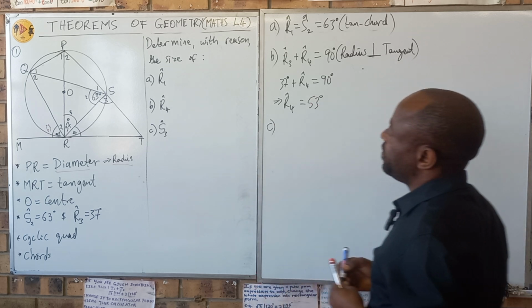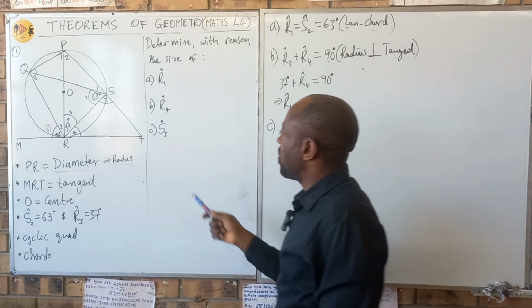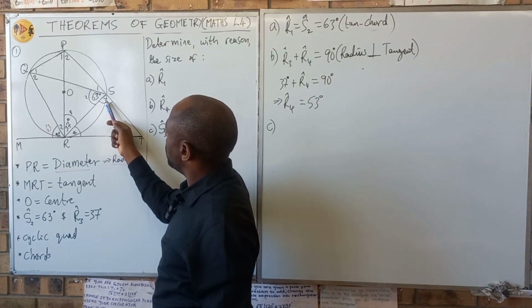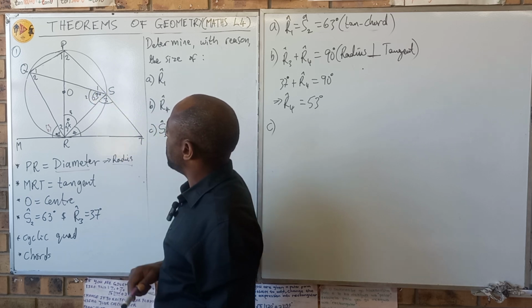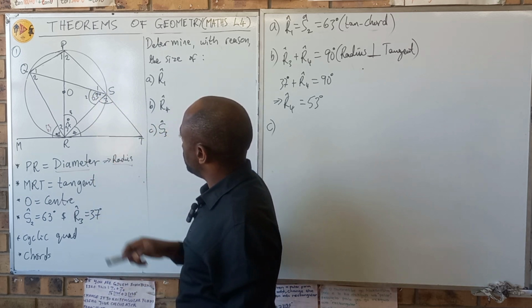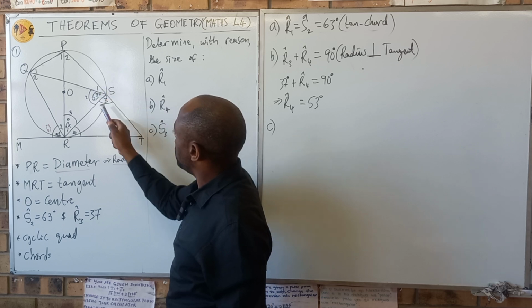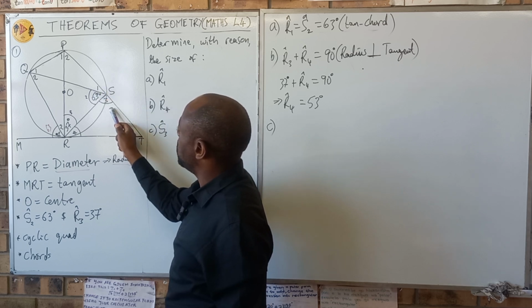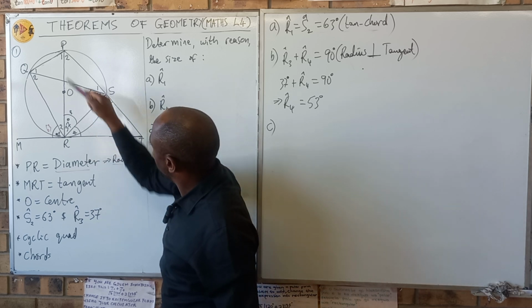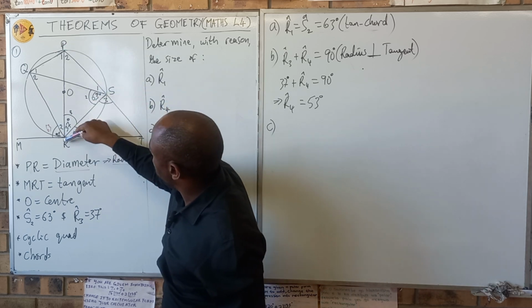Then lastly, I'm looking for S3. I see S1, S2, S3 are on a straight line. I only know S2. If I can know S1, then S3 will be easy for me. I also pick up that PR is the diameter.